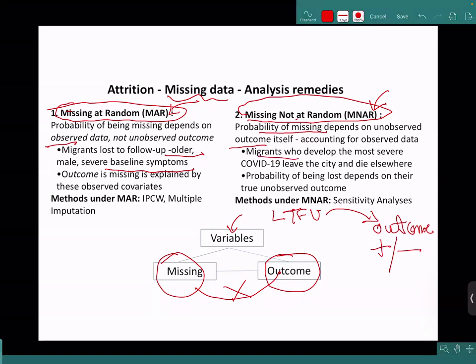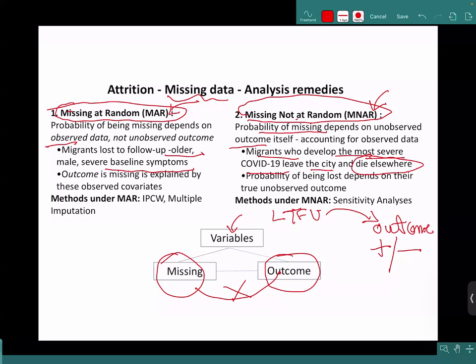Migrants who develop the most severe symptoms leave the city and they are going to die. They are more likely to die, those who have been lost to follow up. It means your loss to follow up is associated with the outcome. You feel it is associated with the outcome, so your data is missing not at random.